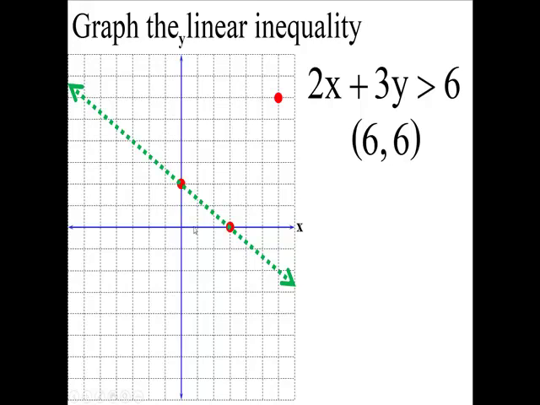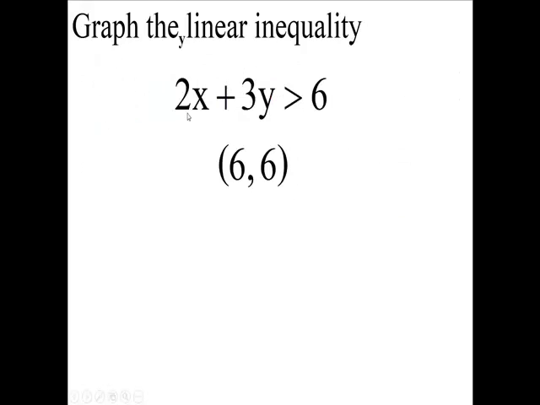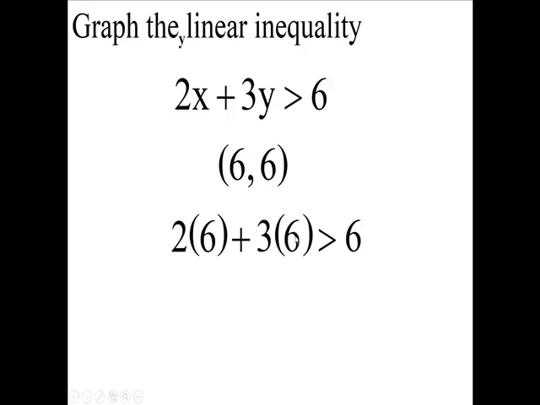Go on, count it with me. 1, 2, 3, 4, 5, 6, and 1, 2, 3, 4, 5, 6. Now, if I put 6 in here and 6 in here, do I get a true statement? So that's the question. Take your 6, 6. In place of the x, plug in a 6. In place of this y, plug in a 6. We're getting 12.